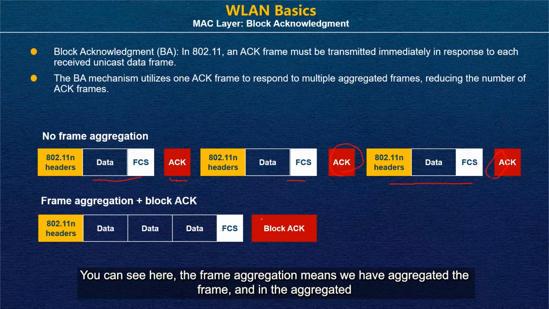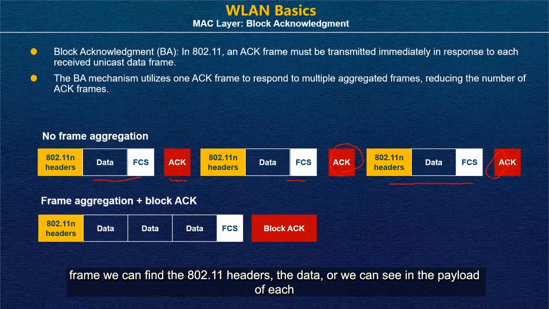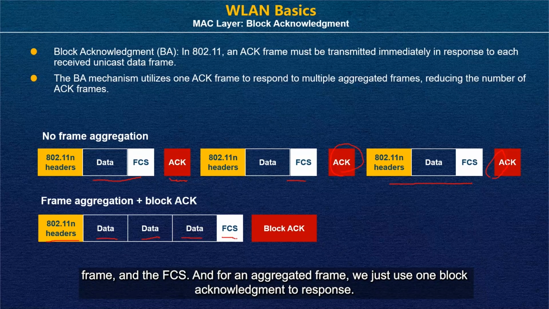You can see here, the frame aggregation means we have aggregated the frames, and in the aggregated frame, we can find the 802.11 headers, the data, or we can say the payload of each frame, and the FCS. And for an aggregated frame, we just use one block acknowledgement to respond.